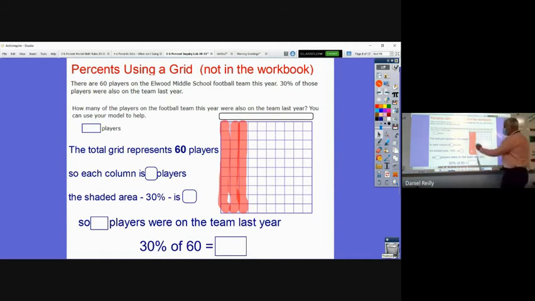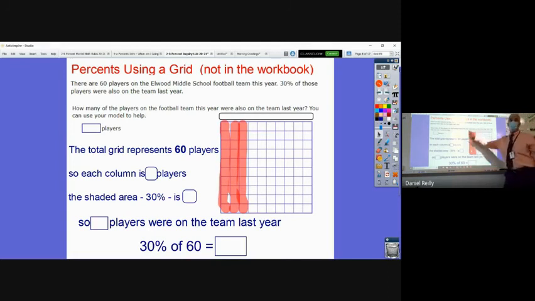That means that each of these columns is worth how many players? Kenny? If each of these was 10, that would be 10, 20, 30, 40, 50, 60, 70, 80, 90, 100. So each column can't be worth 10 or else the whole thing would be worth 100.